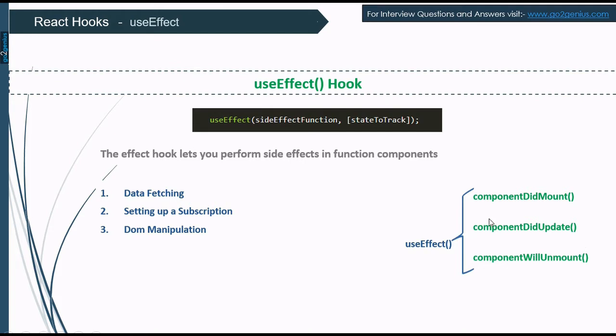Any manipulation that happens on the DOM, our useEffect runs, and useEffect is also used to unmount or clean up things like the subscription of an API, unmount the state, props and variables, so memory can be freed at runtime.